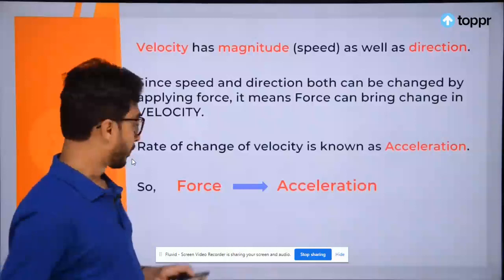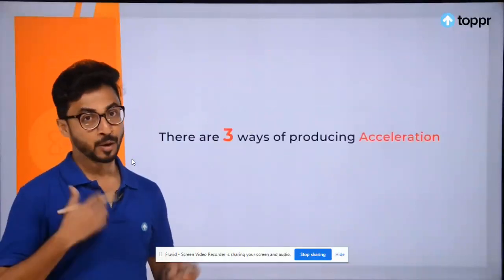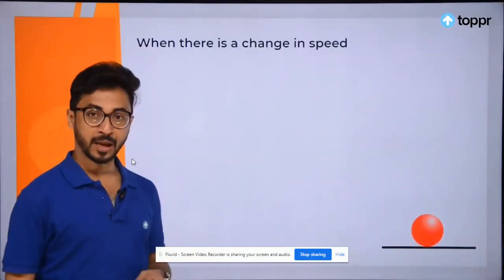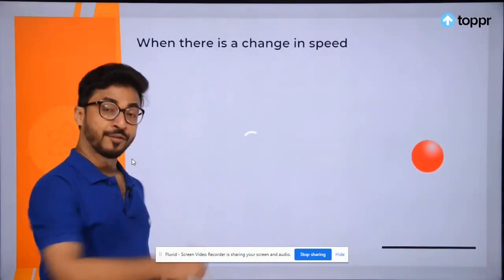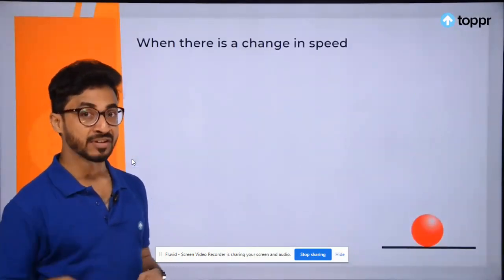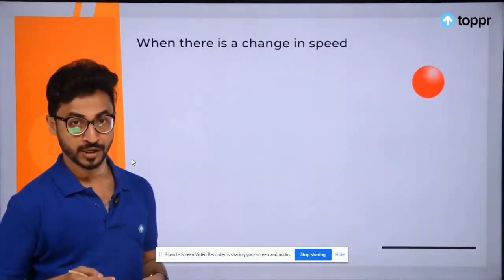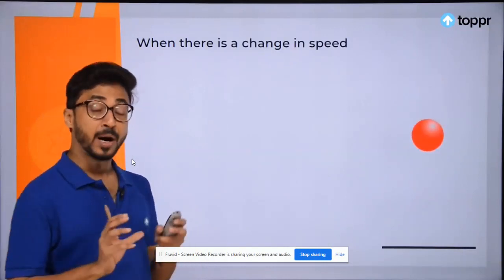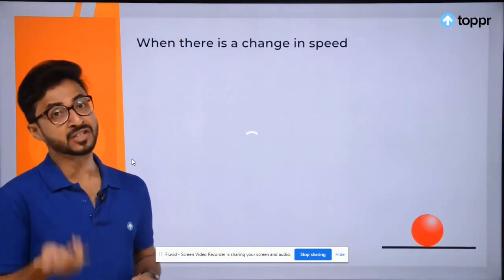Now, there are three ways of producing acceleration. What are they? See what is happening. The ball is falling down. As the ball is falling down, the speed is increasing. That you already know from the equations of motion. So when the speed is increasing, it means the magnitude of the velocity is changing.